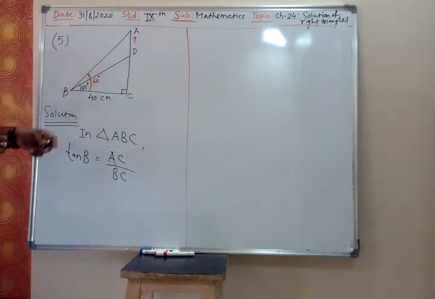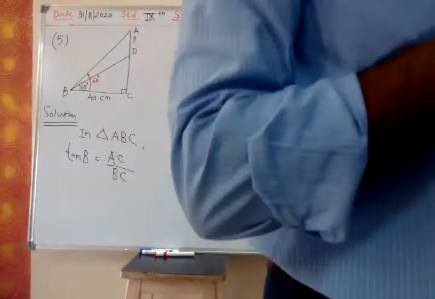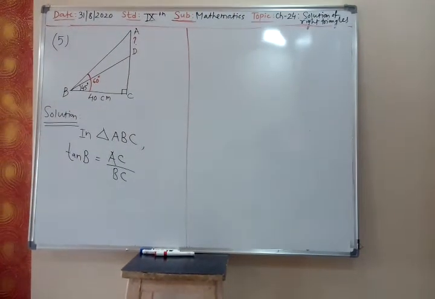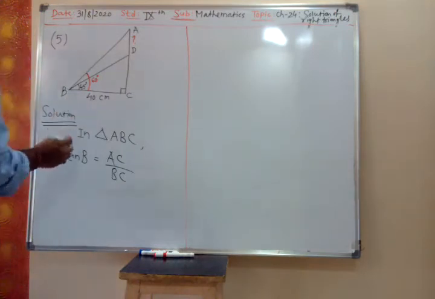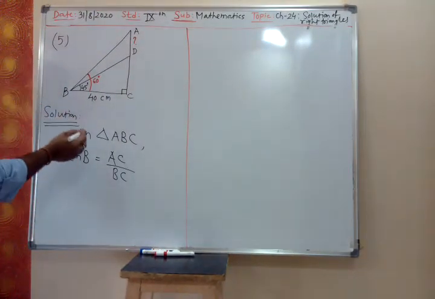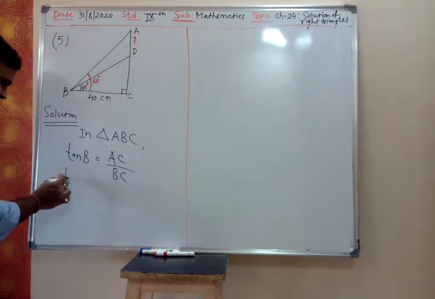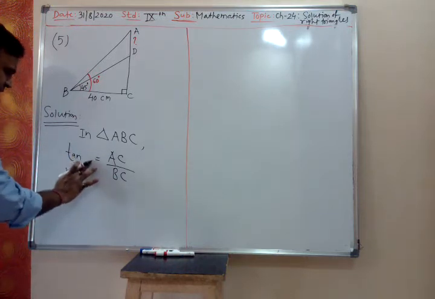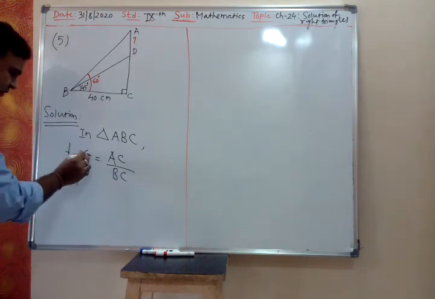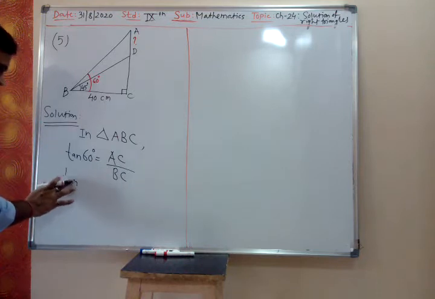So for the bigger triangle, the reference angle is given 60 degrees. So tan B is AC upon BC. Next step I will write tan 60 degrees. You can directly write, no problem. Tan 60 degrees is AC upon BC.